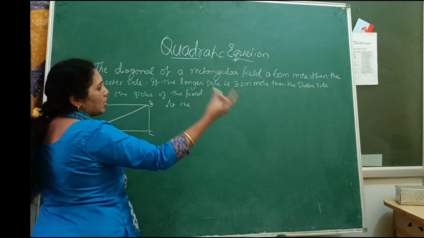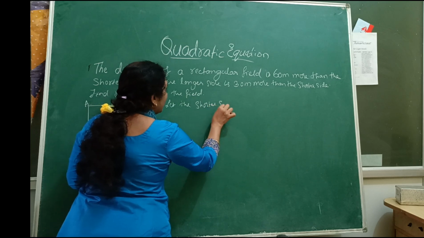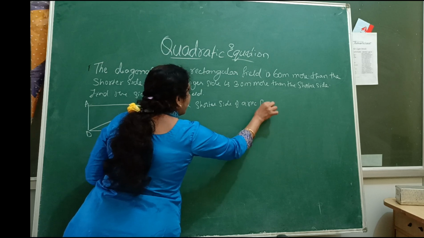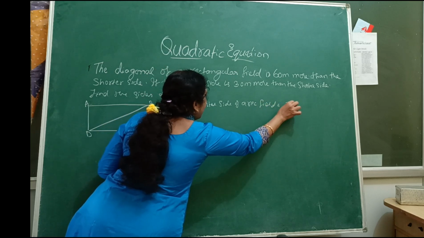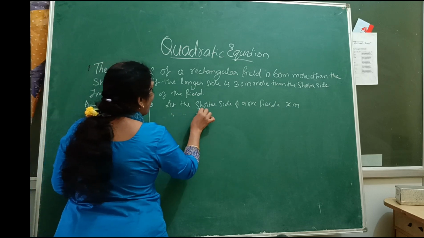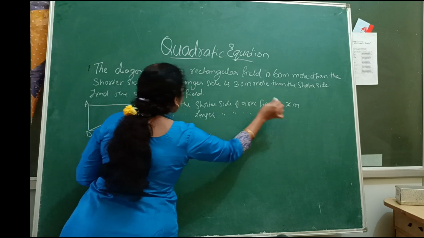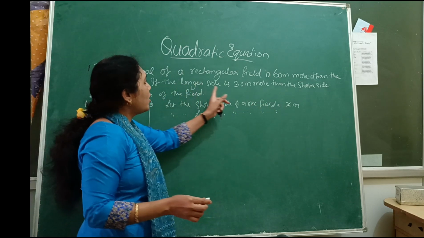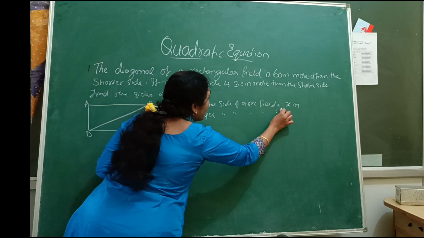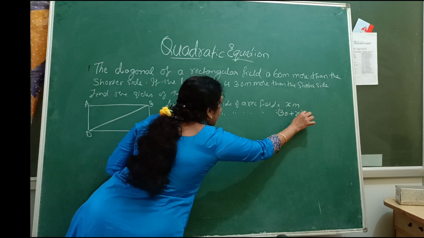Let the shorter side of the rectangular field be equal to x meter. Next, let the longer side of the rectangular field be equal to, if the longer side is 30 meter more than the shorter side, more means I have to add, 30 plus x meter.